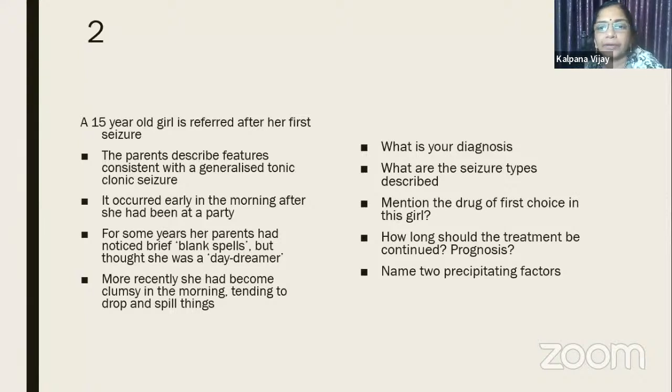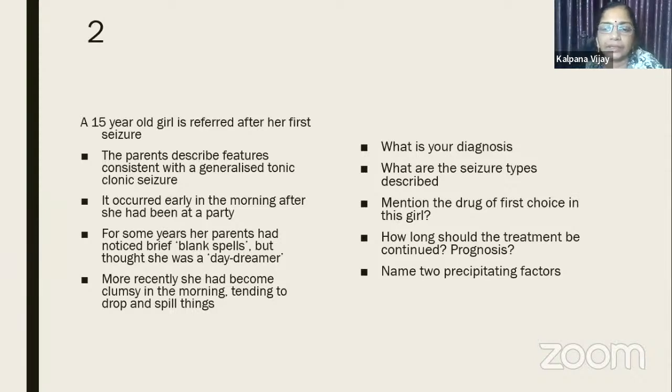So valproate is actually the drug of choice, but in a 15-year-old girl, we should not use it as the first choice, because valproate has important side effects like obesity, PCOD or polycystic ovarian disease, and amenorrhea can occur, and once they reach marriageable age, there is the problem of teratogenicity also.